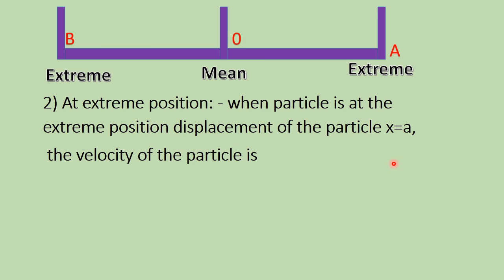Substituting x equal to amplitude in the equation of velocity, we get v equal to omega under root of a square minus a square. Now a square minus a square is equal to 0, therefore the velocity of the particle is 0. At the extreme position, the velocity of the particle is 0. In this way we can calculate the velocity of the particle.